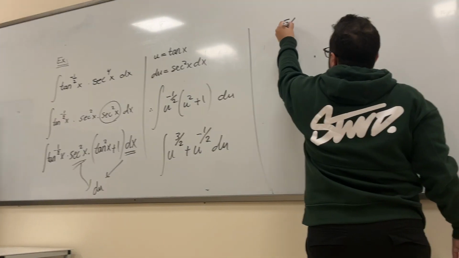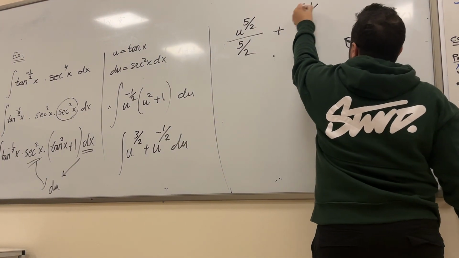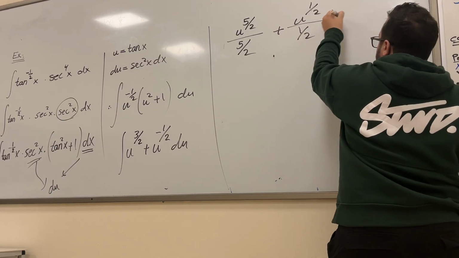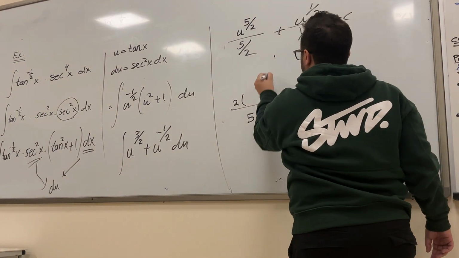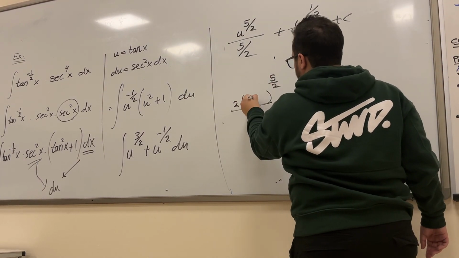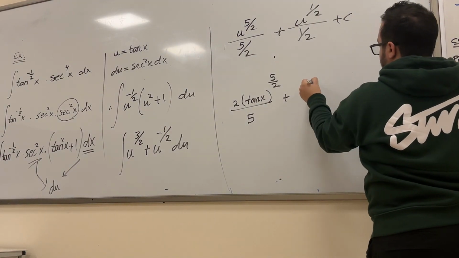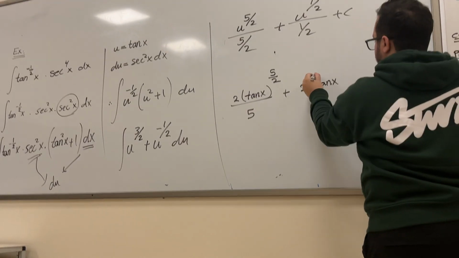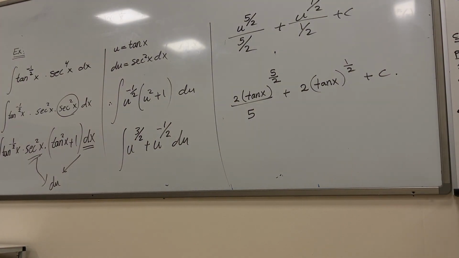U^(5/2) over 5/2 plus u^(1/2) over 1/2 plus c, which becomes 2 over 5 u^(5/2). What's u? Tan x. And this is 2 tan x to the half. Clear?